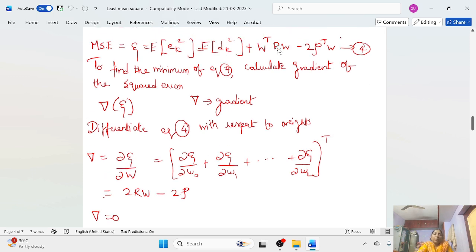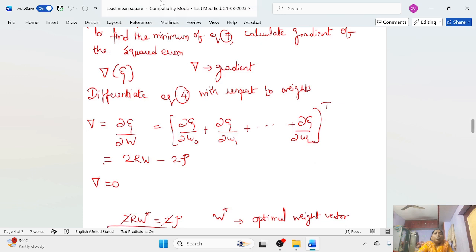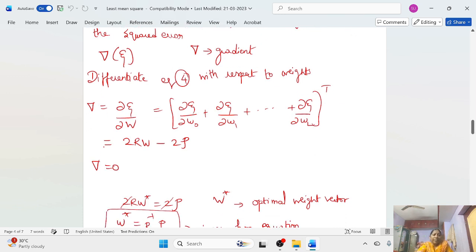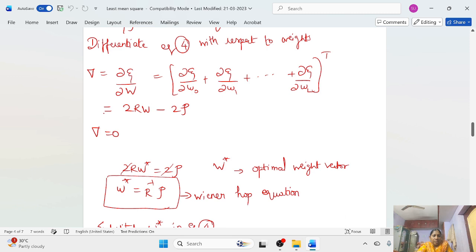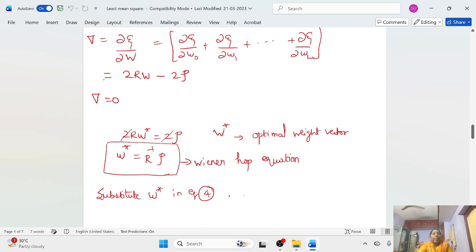With respect to the weights w, we partially differentiate it. When you differentiate equation 4, the first term will be 0. The second term is like w squared, and when you differentiate it, it is 2Rw. And the last term will be minus 2 rho. So you will get the equation like this, and we have to equate it with 0. When you equate this equation with 0, you will get the final expression as w star equal to R inverse of rho.